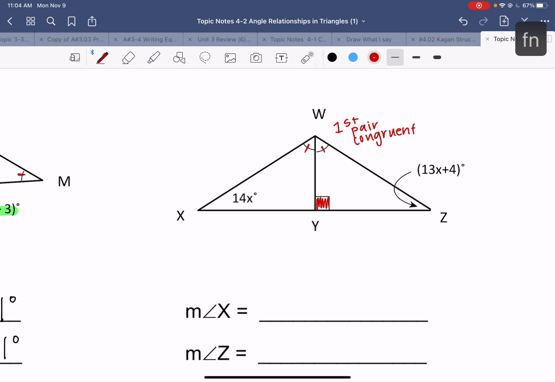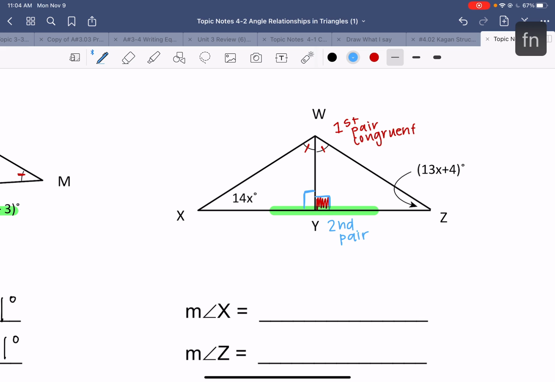Well, we have our first pair. Well, this 90-degree angle right here helps us a lot, because since that is a 90-degree angle and this is a straight angle right here, that means that this angle is also 90 degrees. So here's our second pair of congruency.